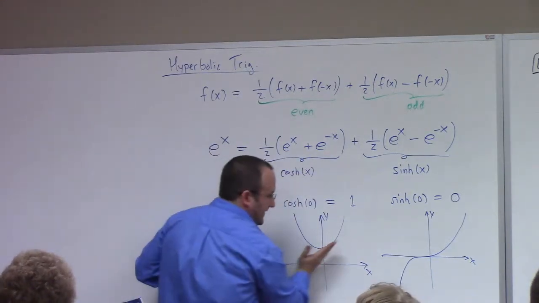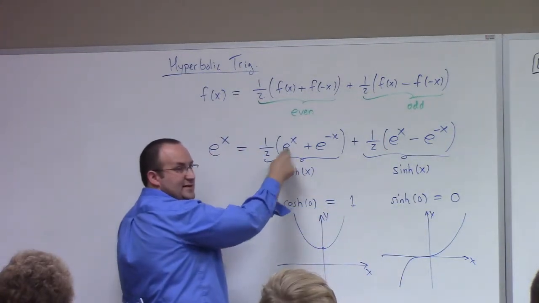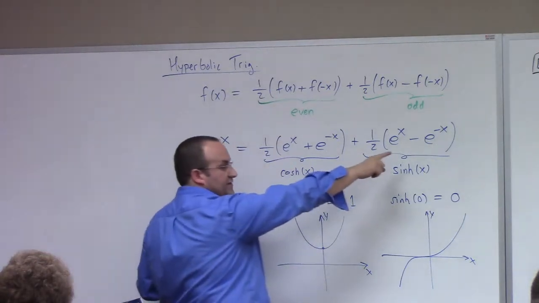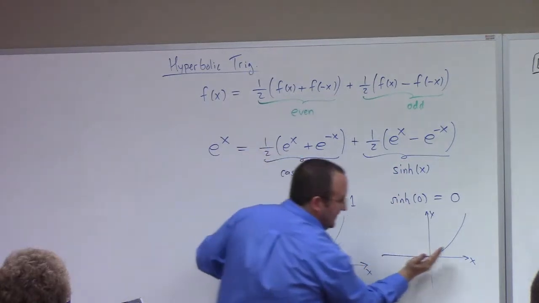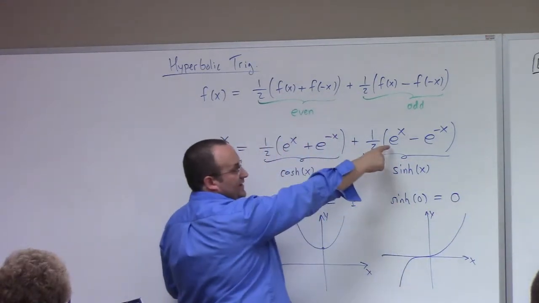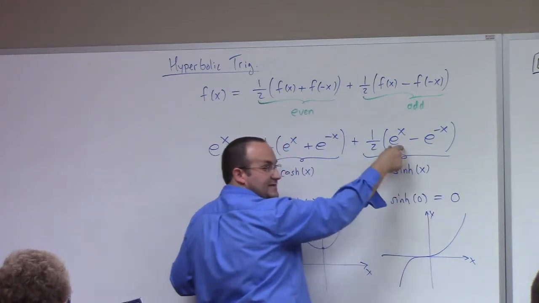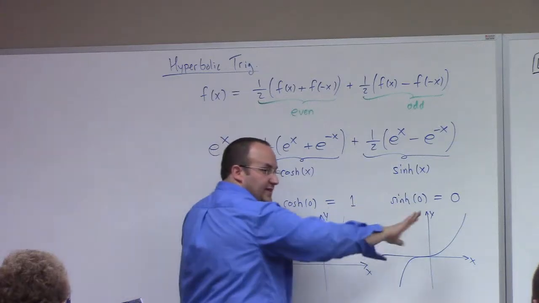As you go to minus infinity, this piece dies, and it's like e to the minus x over 2. For sinh, as x goes to infinity, the e to the minus x dies, and you get positive exponential like that over 2. And as x goes to minus infinity, this piece dominates, that piece dies, and you get minus an exponential. So it's exponential growth on both sides.